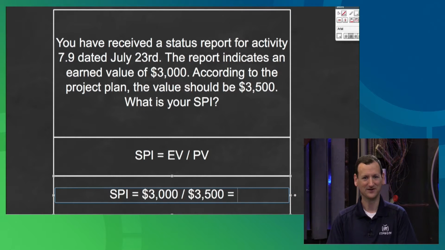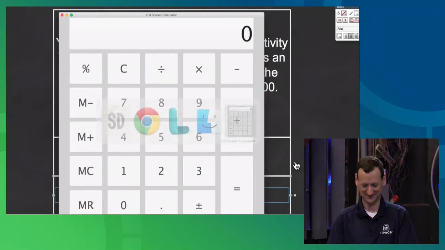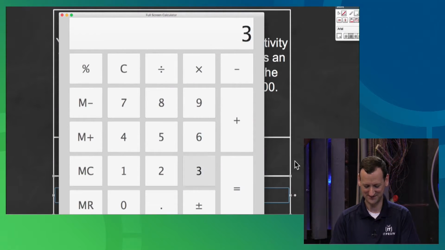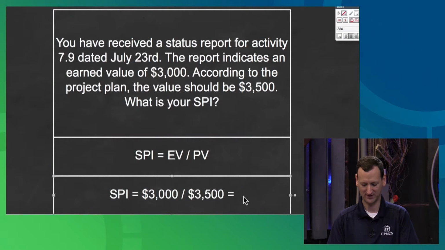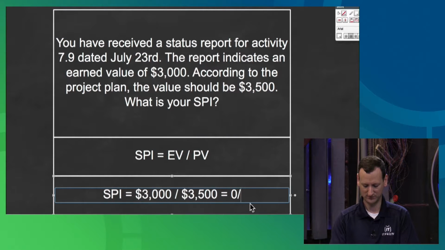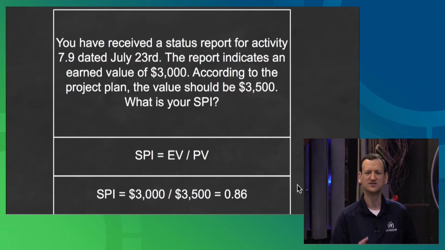If we fire up a quick calculator, 3,000 divided by 3,500 is 0.8571, so I'm going to round that to 0.86. Okay, 0.86, that's my SPI, all right?